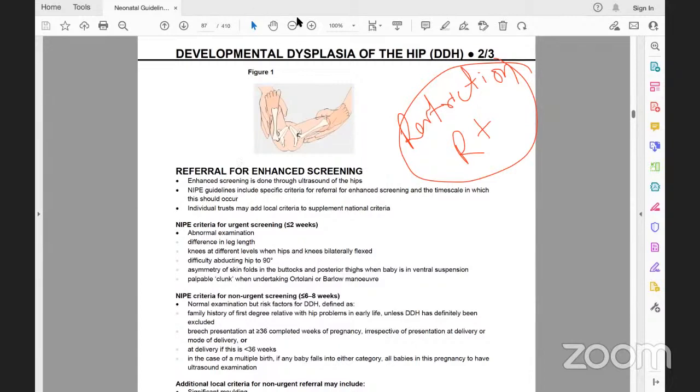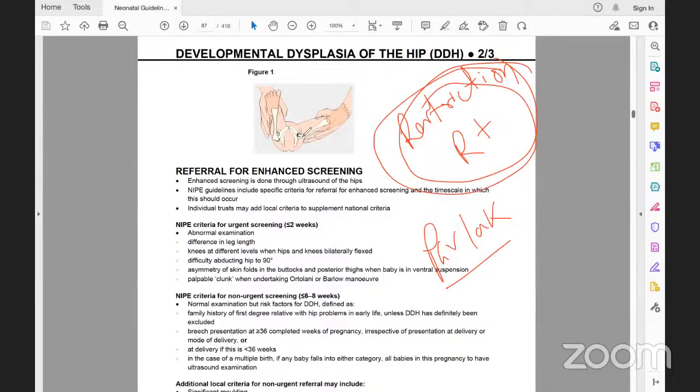The baby is, suppose, 4 weeks or 6 weeks old. Pavlik harness, very good. Pavlik harness is also called an abduction cast or adduction cast? Abduction cast, yes, because there is a restriction of the hip joint.